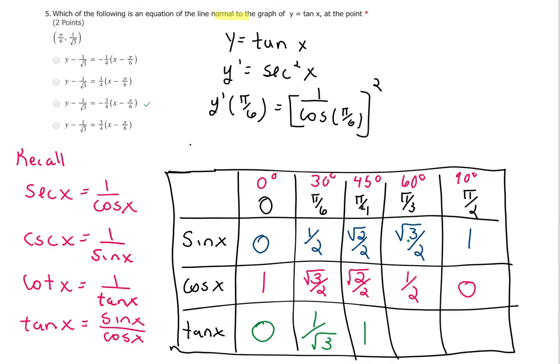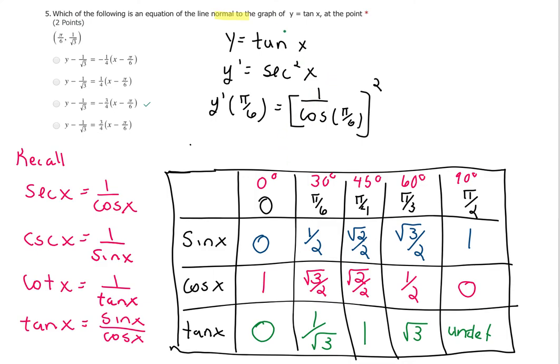Here I'm taking this fraction, dividing by 1/2. So I'm going to flip and multiply, and the 2's again cancel out, so it leaves me square root of 3. And this is 1 divided by 0, but we know we cannot divide by 0, so this is undefined. And in fact, on the graph of the tangent of x at pi over 2, you have an asymptote. So that's how we know it's undefined.